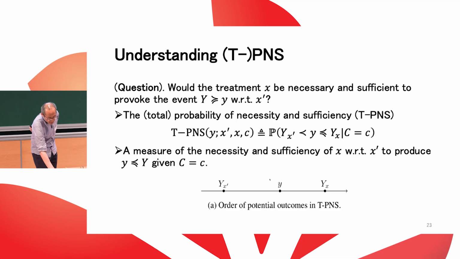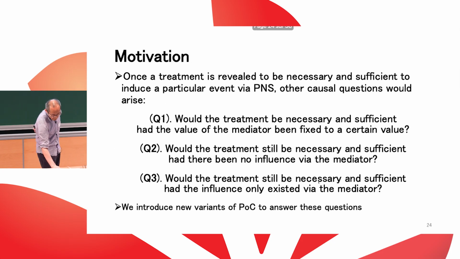So the total PNS essentially is saying if you change x prime to x, when x equals x prime, the potential outcome is less than y. When it's x, it will be larger than y. So this is the total PNS.